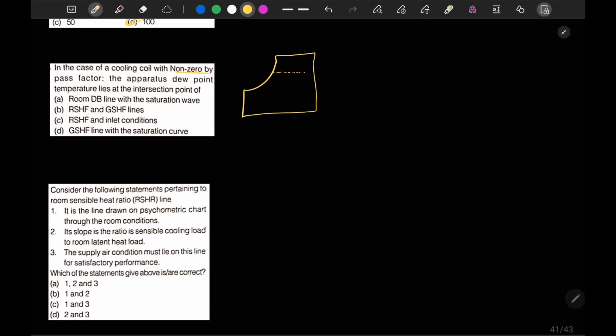We know that this is our outlet condition and this is our inlet condition. This is point 1, the mixture, and this will be our gross sensible heat factor line. This will be our apparatus ADP point, because this happens in our cooling coil, and the cooling coil is at ADP.